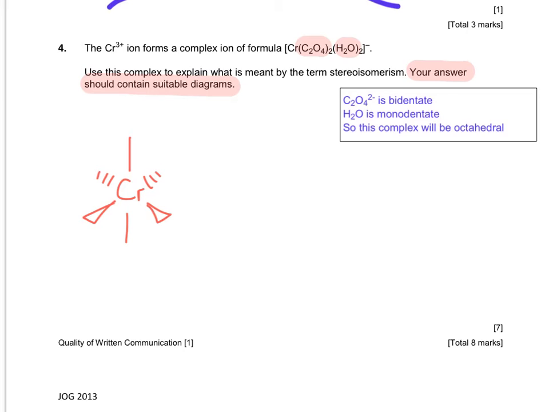What I can do is put the water molecules top and bottom, for example, or I can put them in any 2 positions I want. But what I need to remember is that the bidentate ligands will have 2 places where coordinate bonding will take place. And I complete it by drawing the ligands in any particular order, doesn't really matter.